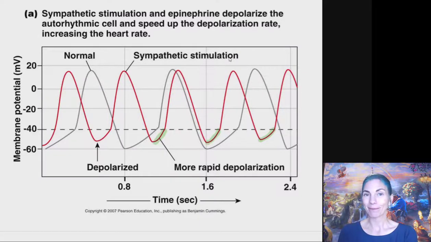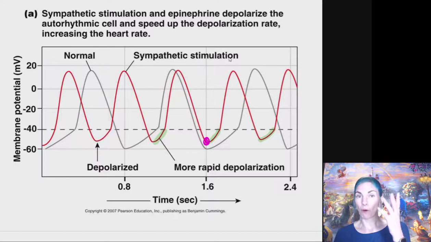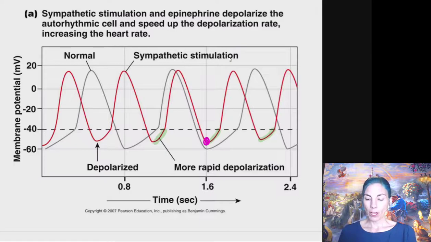Take a close look. So hopefully you can see that first of all, our starting point is closer to threshold. In other words, we don't have very far to go before we hit threshold. Secondly, the slope of the pacemaker potential is steeper. Under default, it looks like this, but now it looks like this.